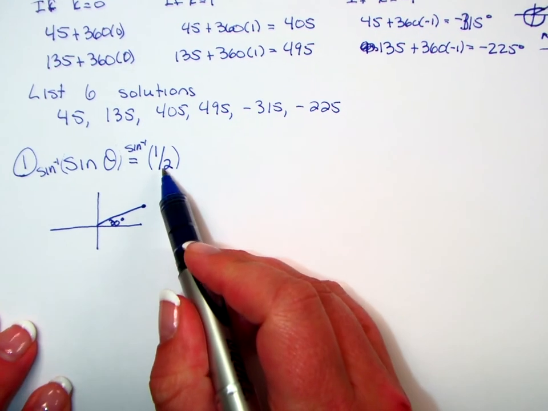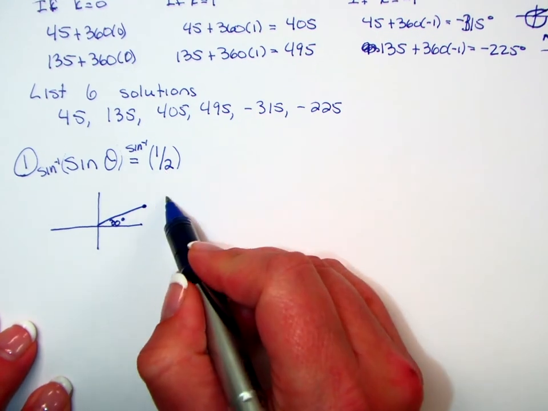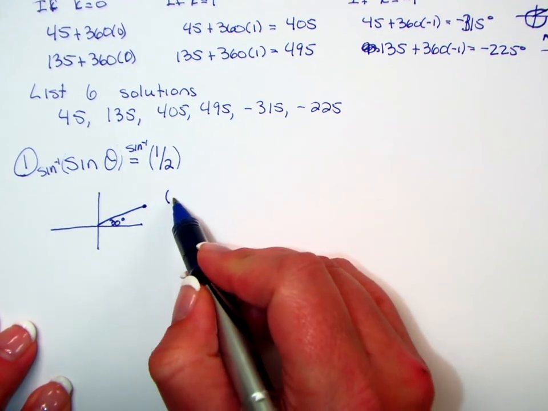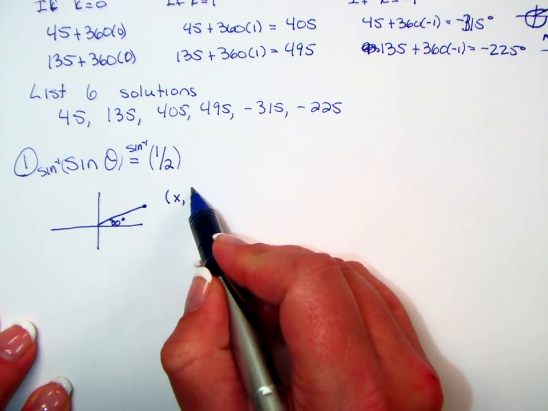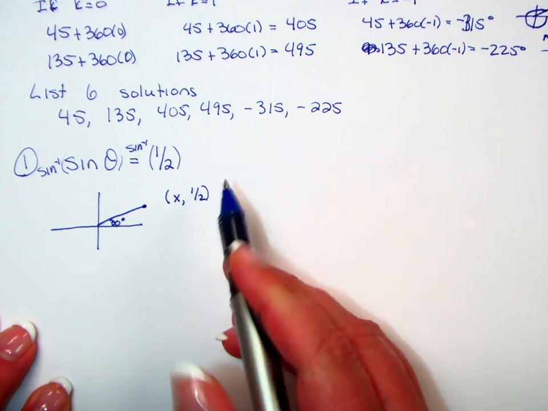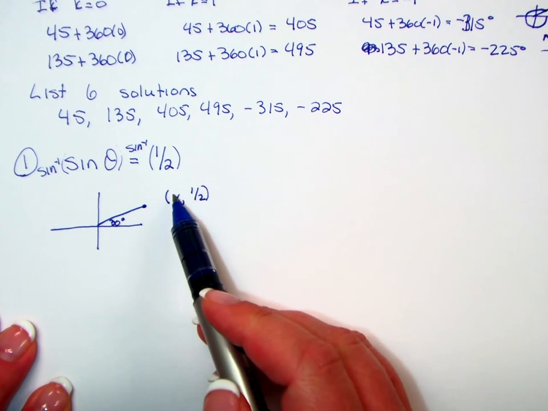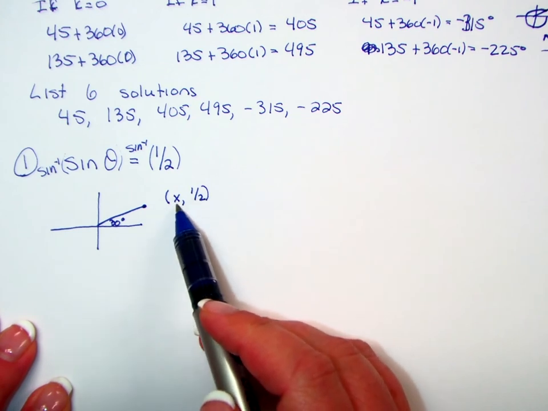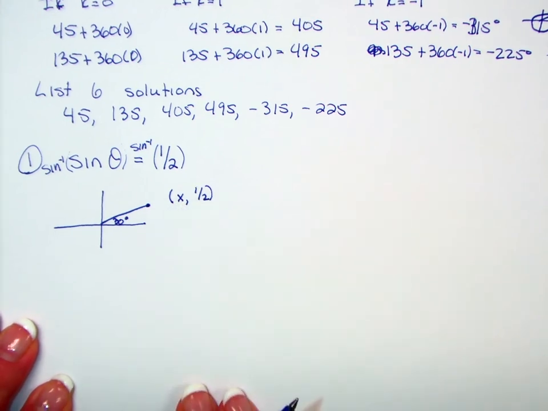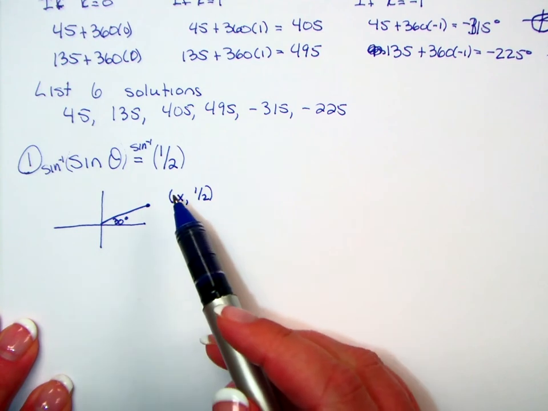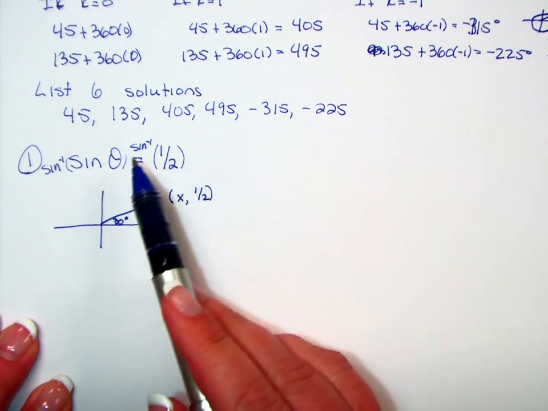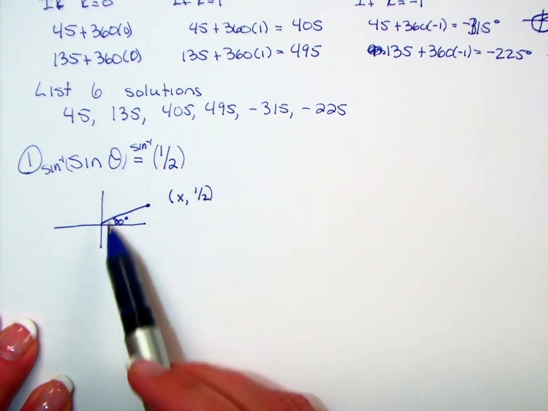Now the sine value is 1/2, and the sine value is the y value. So this is at some x, comma 1/2, right? Now you might recognize this point on the unit circle as root 3 over 2, 1/2, but I'm just going to leave it at x for now, okay? So this is our one solution that we get from the calculator, okay?